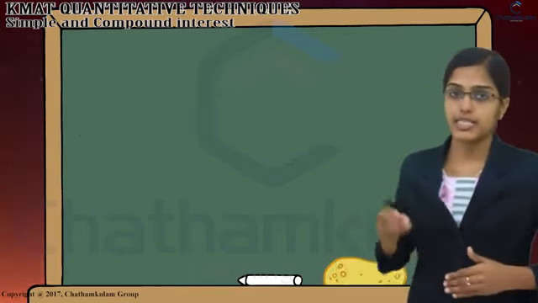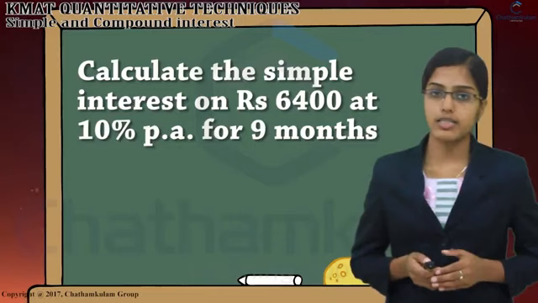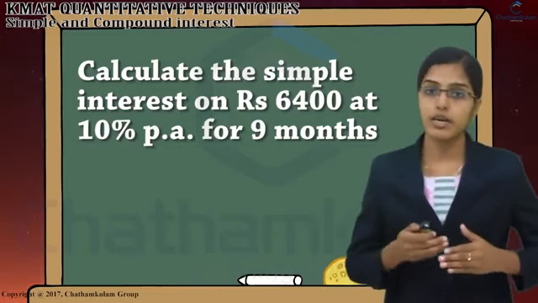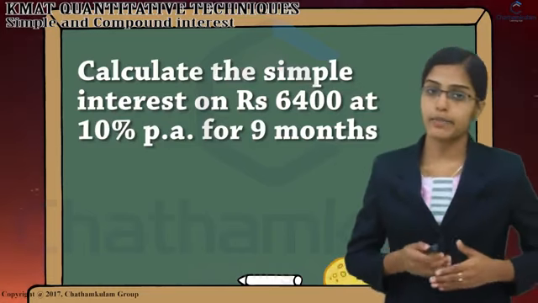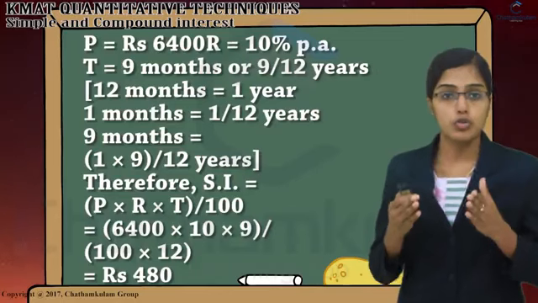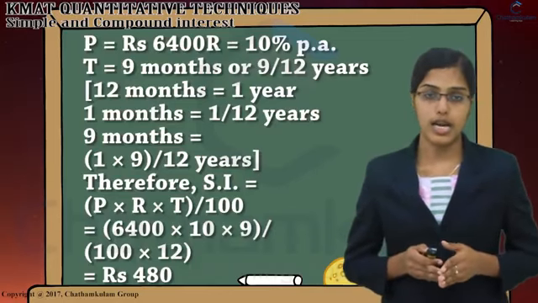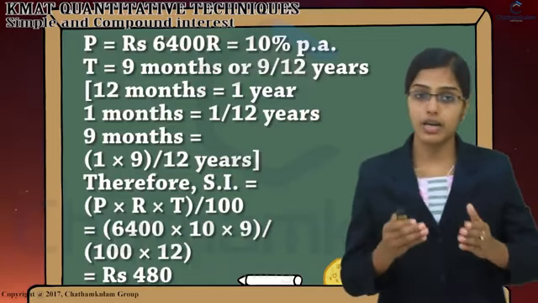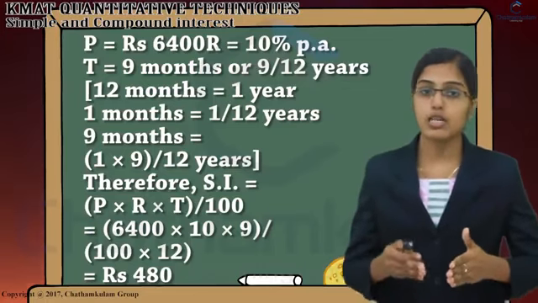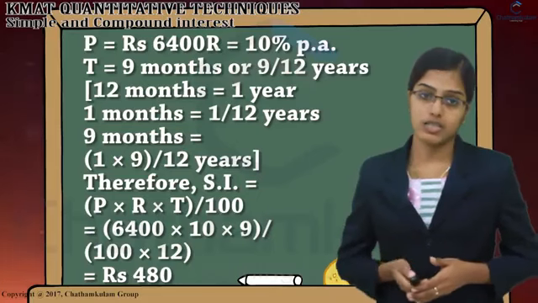Our next question is, calculate simple interest on rupees 6400 at 10% per annum for 9 months. We know P is equal to rupees 6,400. R is equal to 10% per annum. T is equal to 9 months or 9 by 12 years.